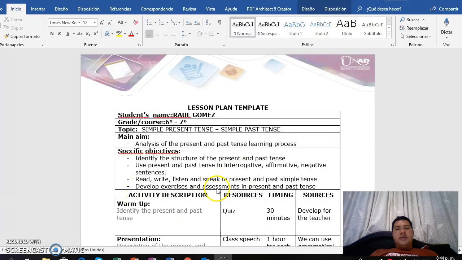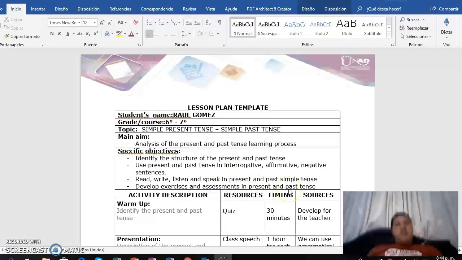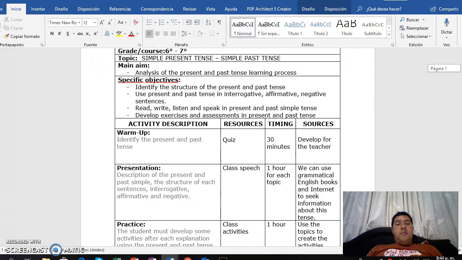The developed exercises and assessments in present and past tense are the last process of this lesson plan, and we're going to see why.